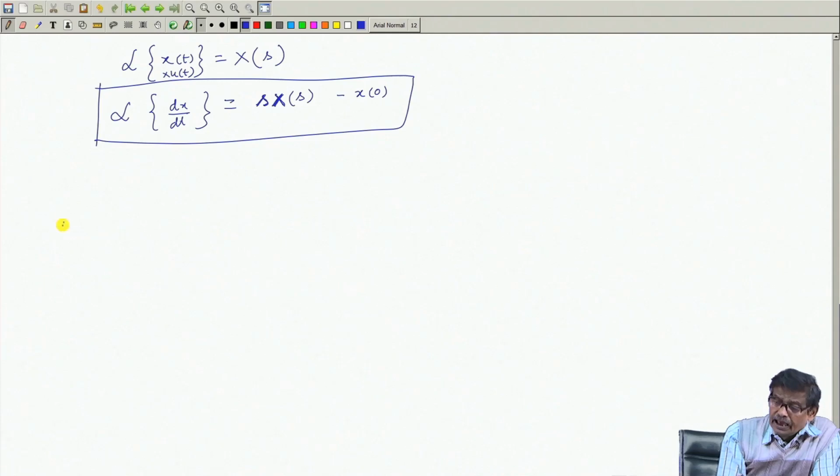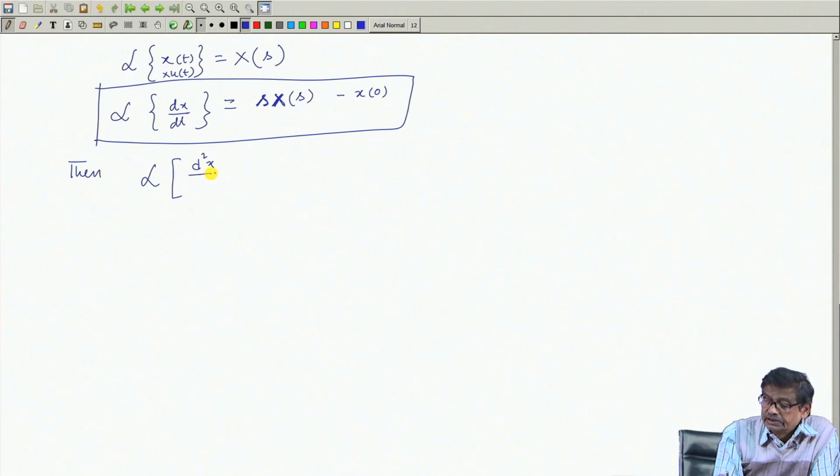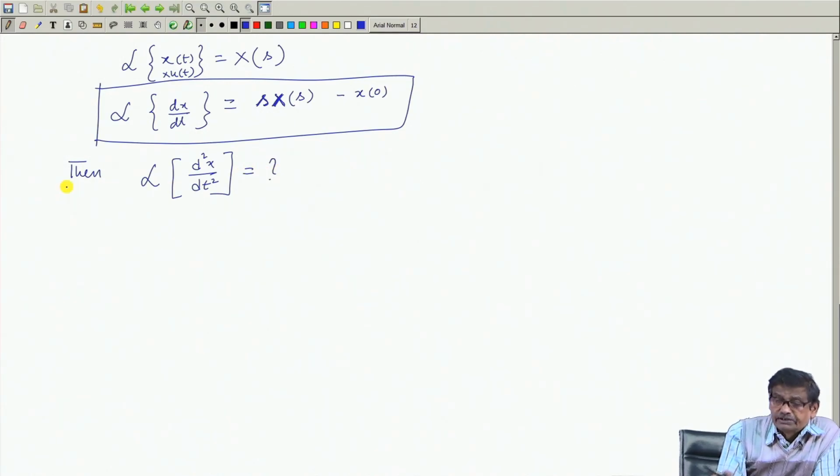What about higher order derivatives? The Laplace transform of d2x/dt2, a second order differential term, will be how much? The answer is very simple. Now, I have established this, no one can stop me.